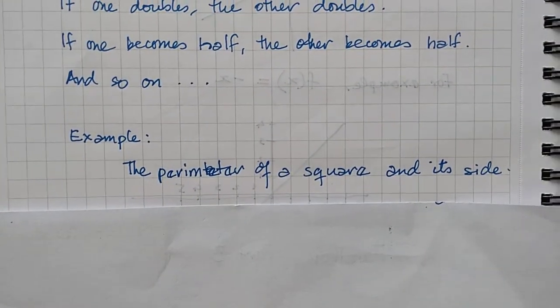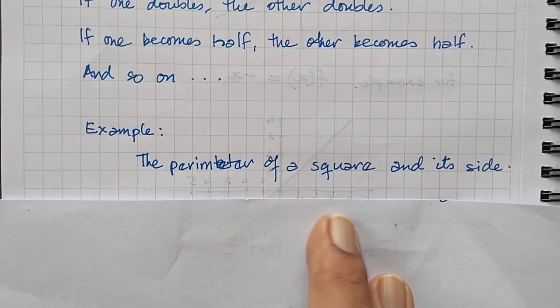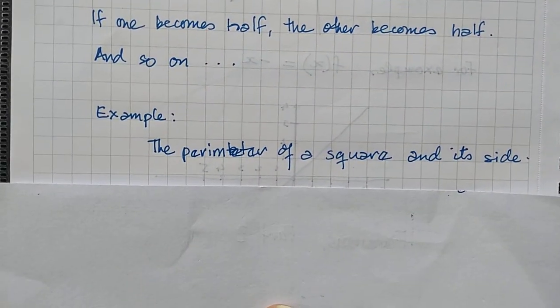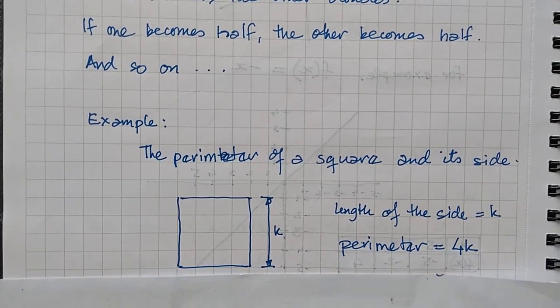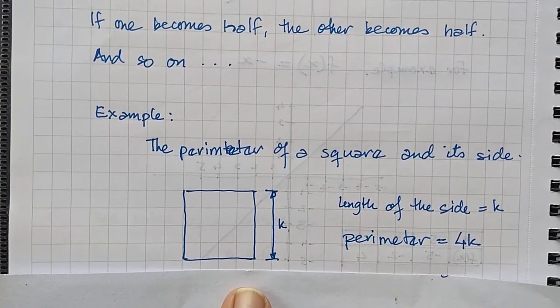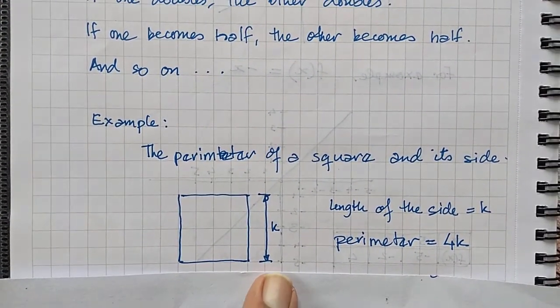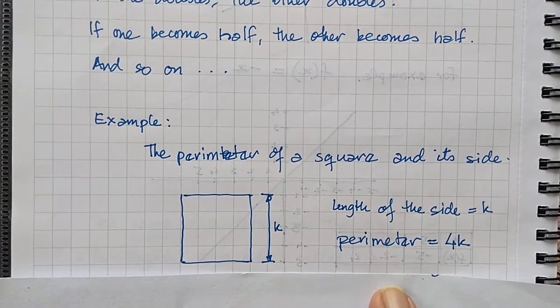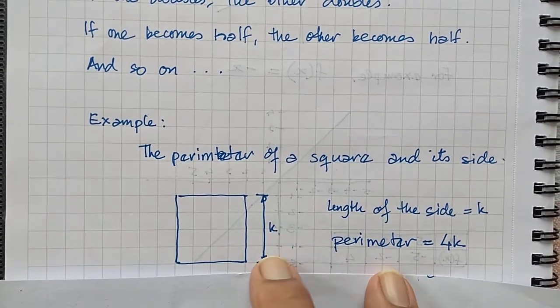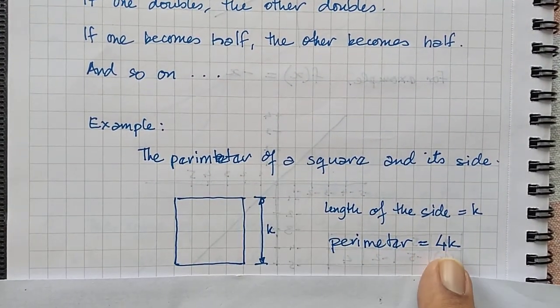The perimeter of a square and the length of its side are proportional. How do we know that? See, if we have a square of side k, so the length of the side is k, the perimeter is equal to 4 times k, correct?